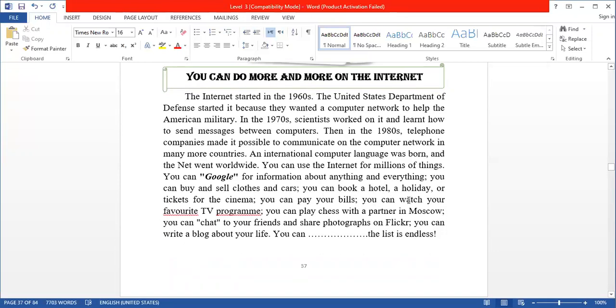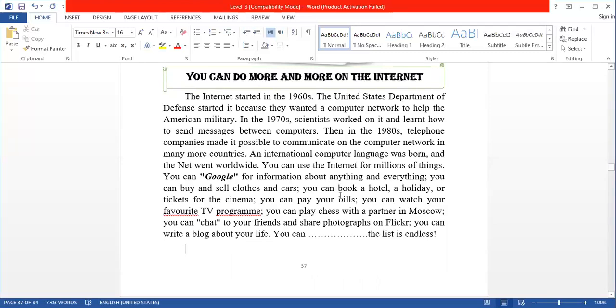You can watch your favorite TV program. You can play chess with a partner in Moscow. You can chat to your friends and share photographs on Flickr. You can write a blog about your life. The list is endless.